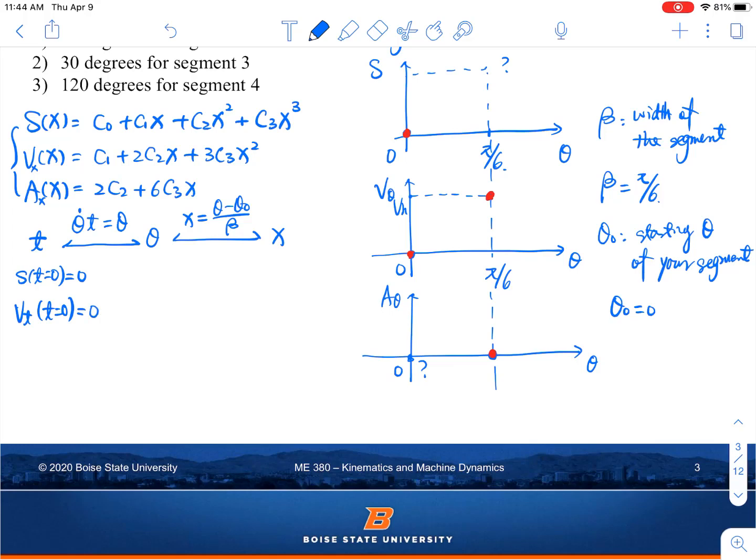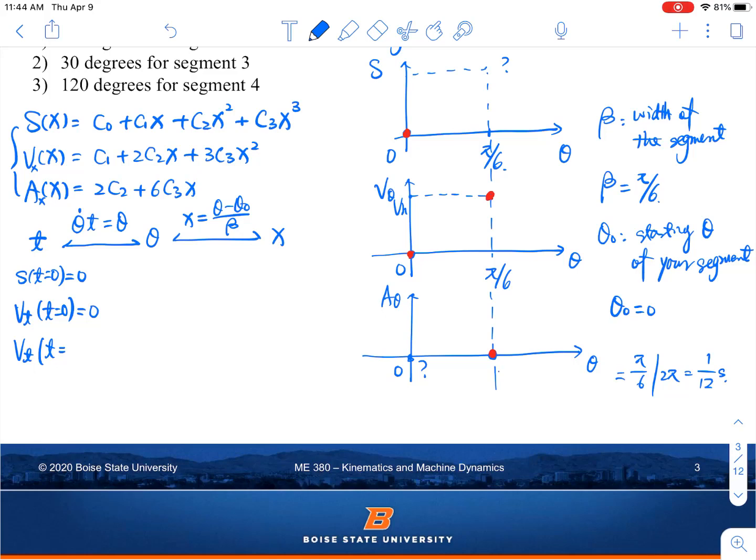And that's a coefficient. And then we know vt when t equals, so this time point is 1/6 pi over 2 pi. So that's actually 1/12 second.